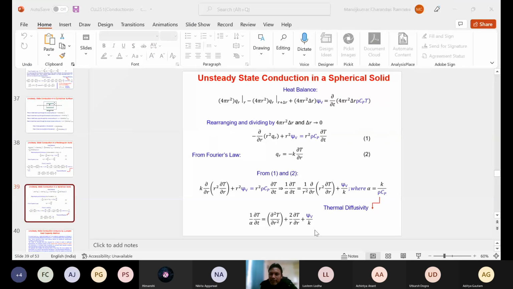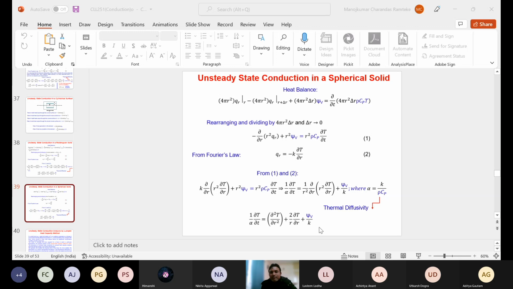This is only the conduction expression, but in addition to this, some convection terms will also come into this mass and heat balance. Is it clear? Yes, sir. Okay, so that entire thing you have to solve. You will have a similar term, but in addition some convection terms will be coming into the picture.